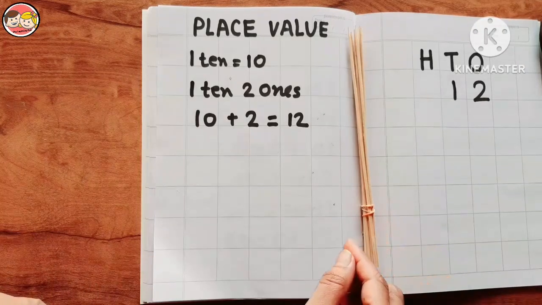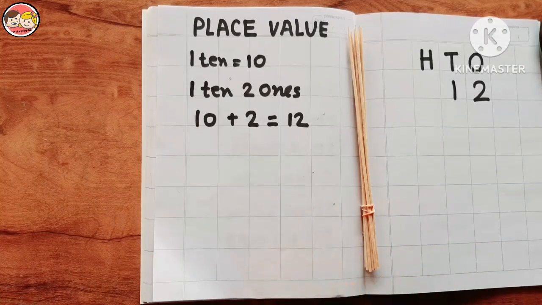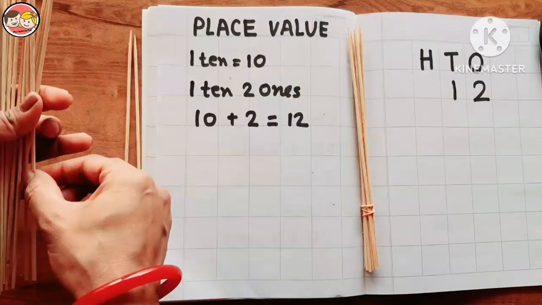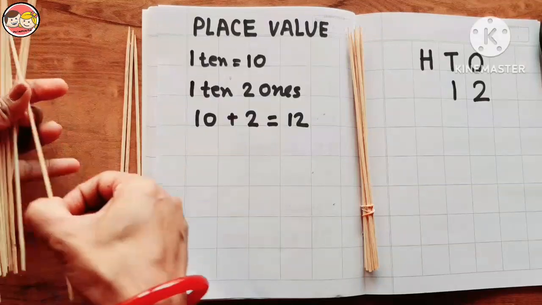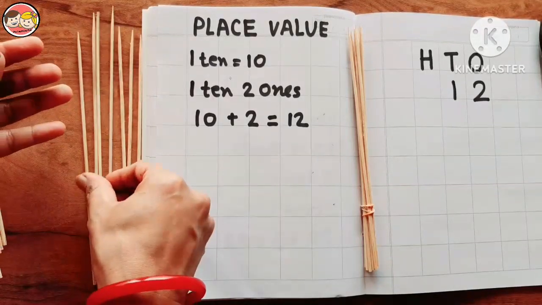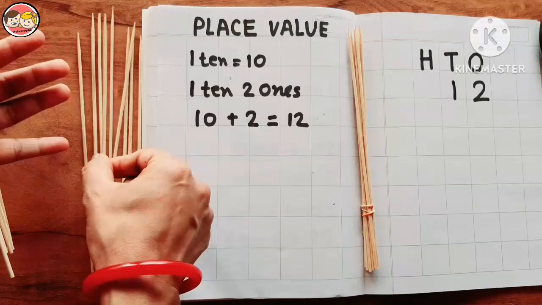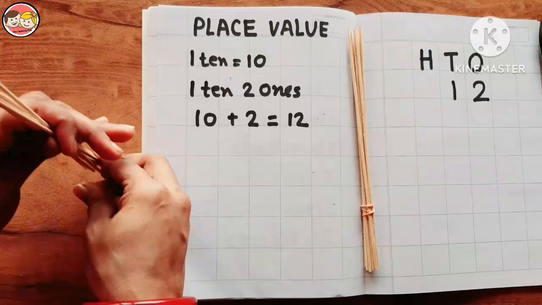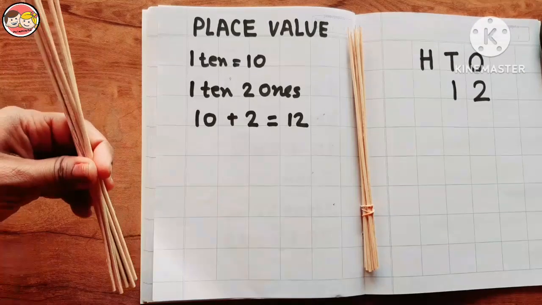Now we are going to make one more bundle. 1, 2, 3, 4, 5, 6, 7, 8, 9, 10. Let's make a bundle.